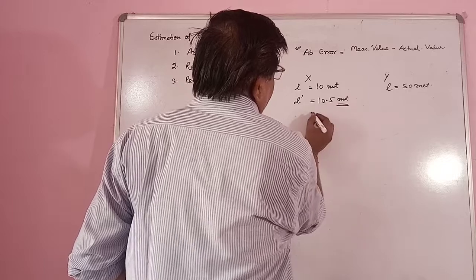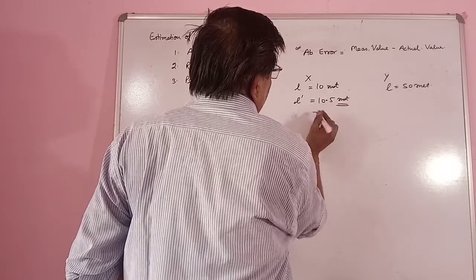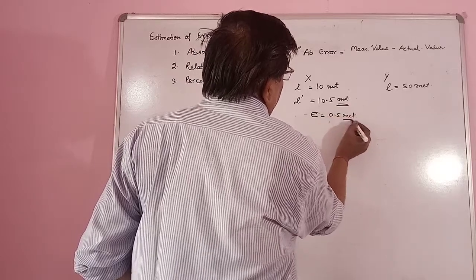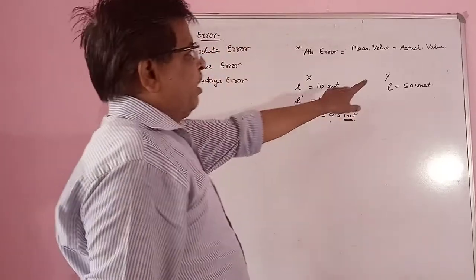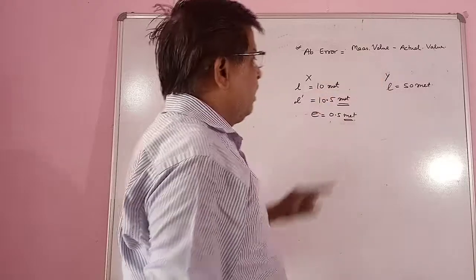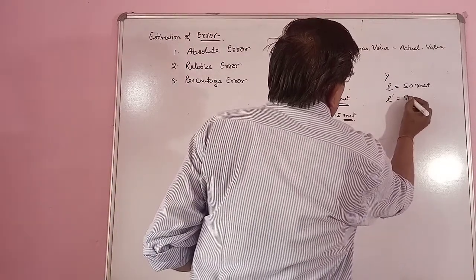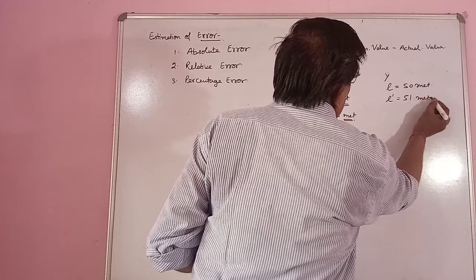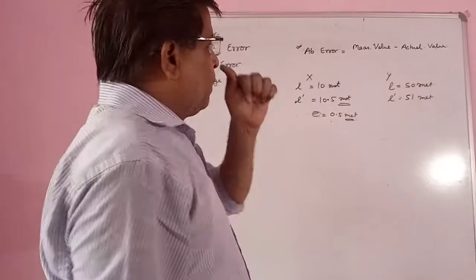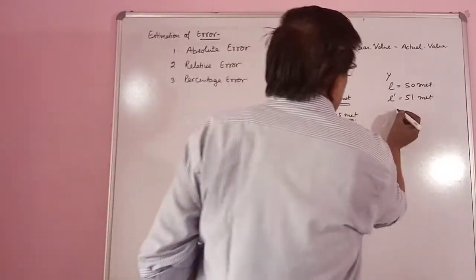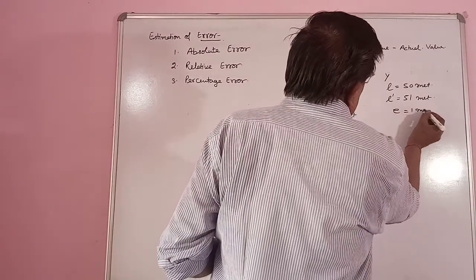So the error is 0.5 meter. Person Y is making an error of 1 meter. So here the error is 1 meter.